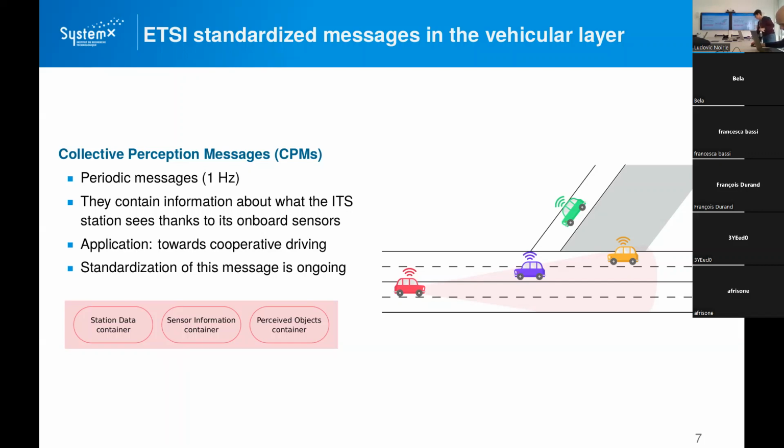Can I ask a question just to see if I get it right? The left box, it's exactly as CAM? Yeah. Okay. So we're talking about a lot of data here. Is it a problem? Yes.